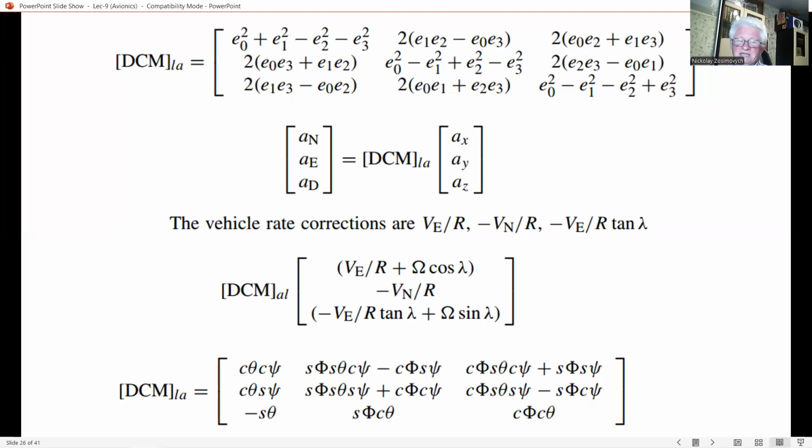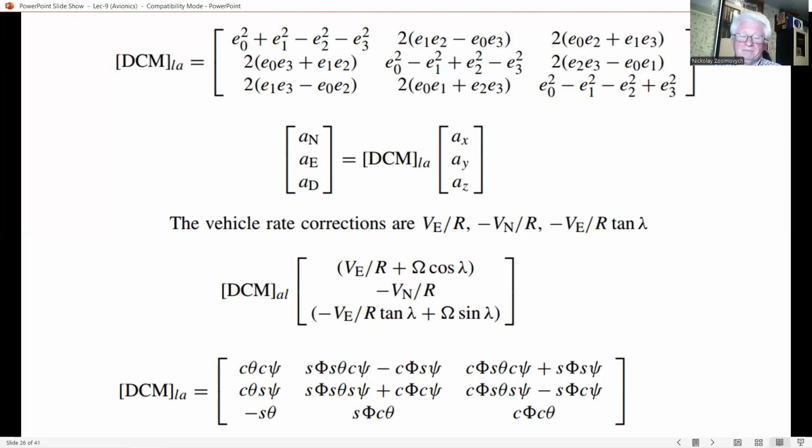Maybe in the next lecture. In the case of a stable platform, these corrections are made by processing the vertical and azimuth gyros at the appropriate rate, as explained already earlier. In the case of a strapdown system, the Earth rate and vehicle rate corrections are converted using the appropriate DCM to the coordinate frame rates with respect to the aircraft axis.